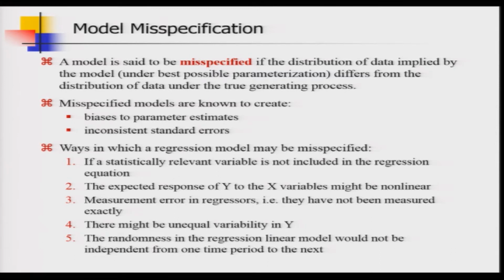Now, we move on to the third case, and that is the measurement error in regressors. So, what do we mean by measurement errors in regressors? So far we have assumed that x's are given to you and x's are perfectly measured. So, there is no error in the value of x's, but there could be error involved in the value of x's if they are not properly measured. Suppose I give you an example of temperature and rainfall.